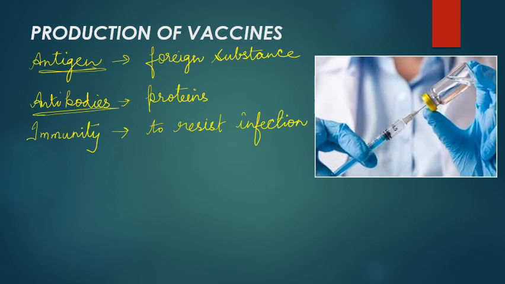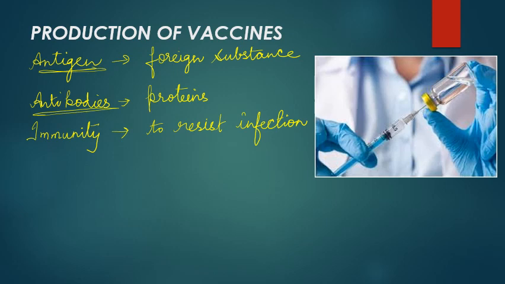So these antibodies protect us from the danger of these antigens, these foreign substances, or these disease-causing microorganisms. So this is the basis of the development of vaccines. Because of the ability of our body to develop antibodies, the vaccines are prepared.